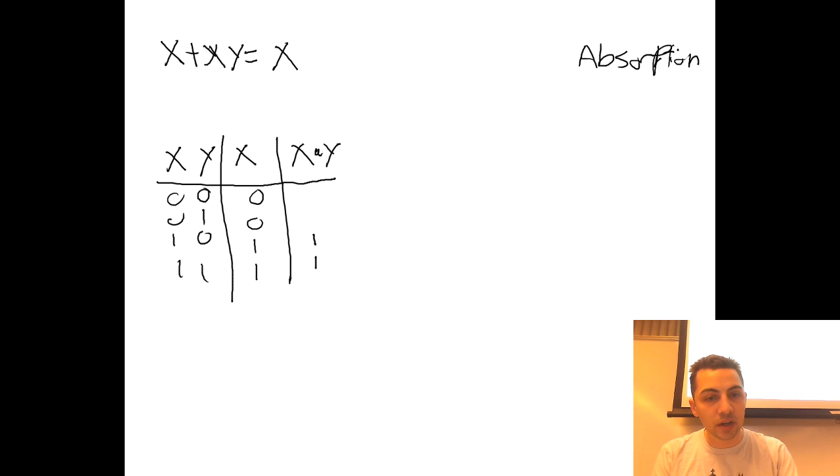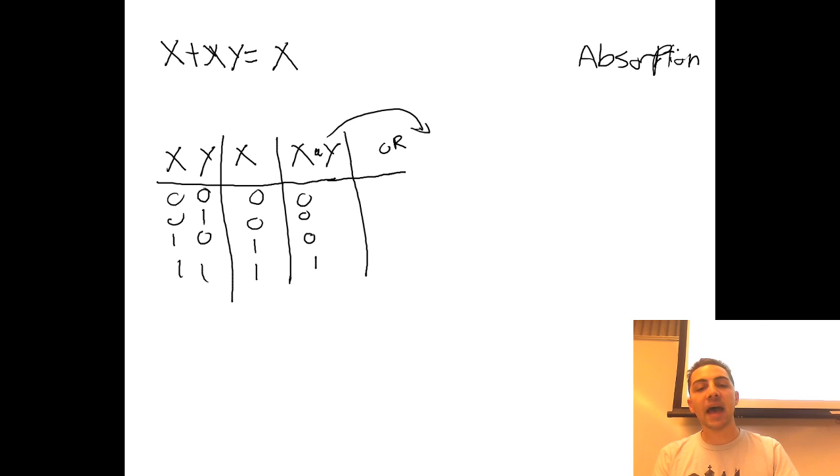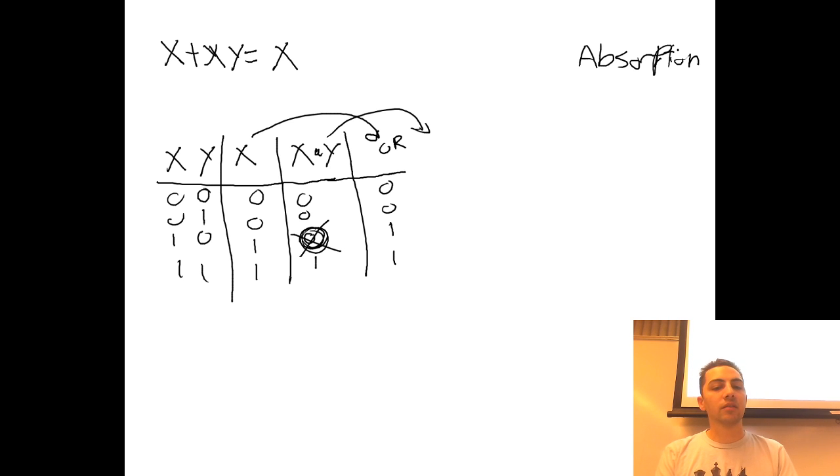If we look at the OR combination of that and that, any place that either of them is a 1, we're going to have a 1. So you can see that the fact that this 0 is here doesn't matter. The OR quantity is just x.